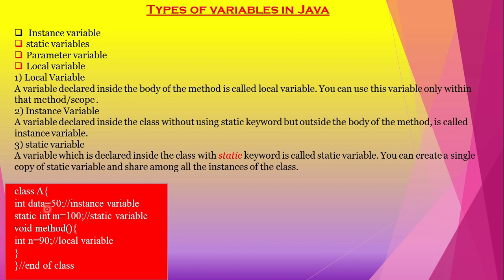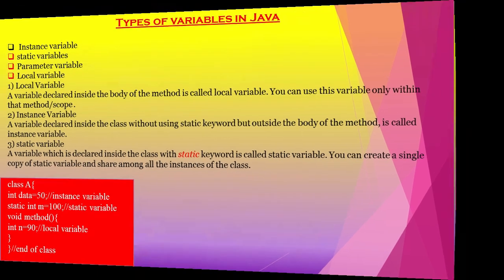The class will share one copy of this static variable, and each object will have its own copy of the instance variable. Local variable, there is no need for any confusion, it will be available within the method and can be used in its scope only.